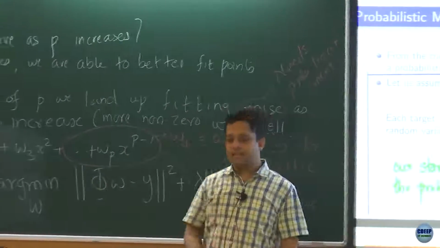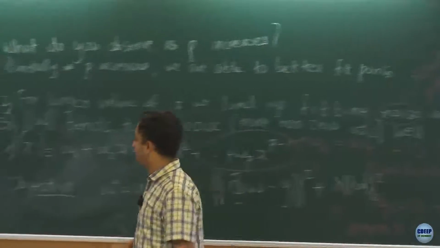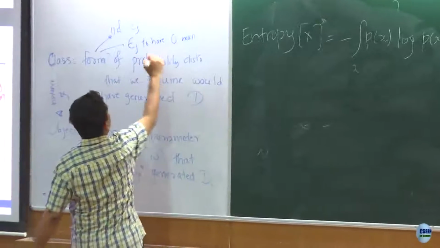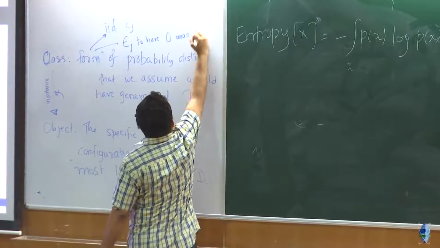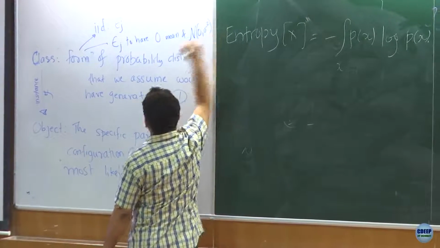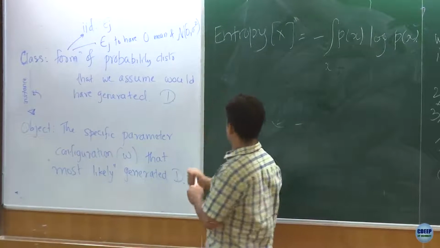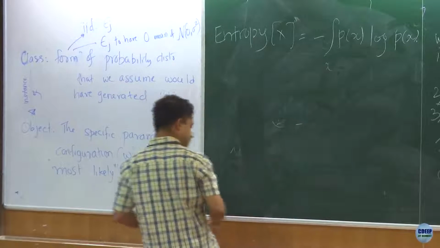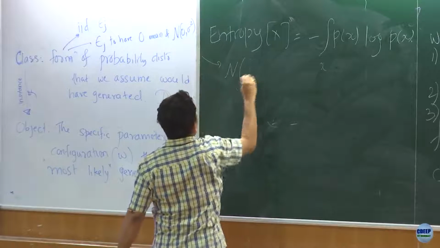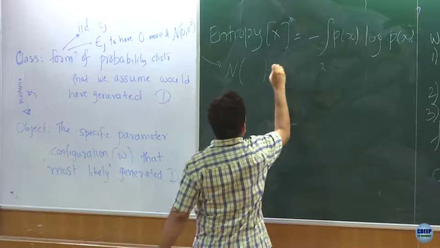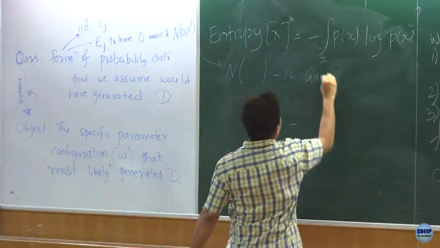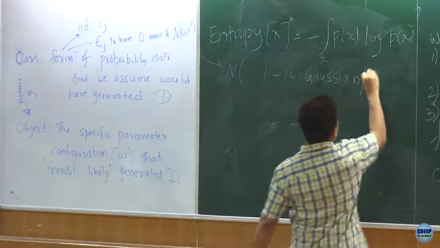And we will use that as a third point: epsilon j has 0 mean and is normally distributed with mean 0, variance sigma square. So Gaussian and normal are used synonymously.